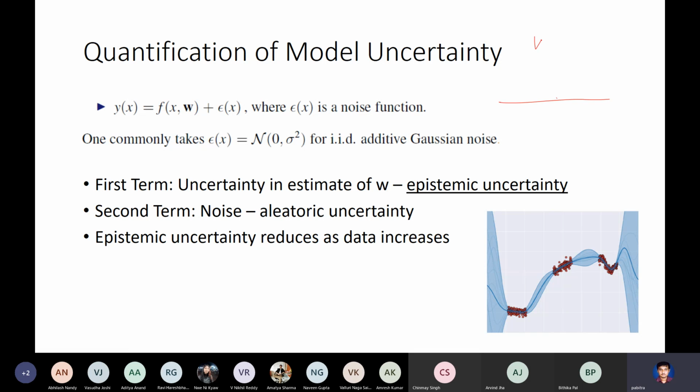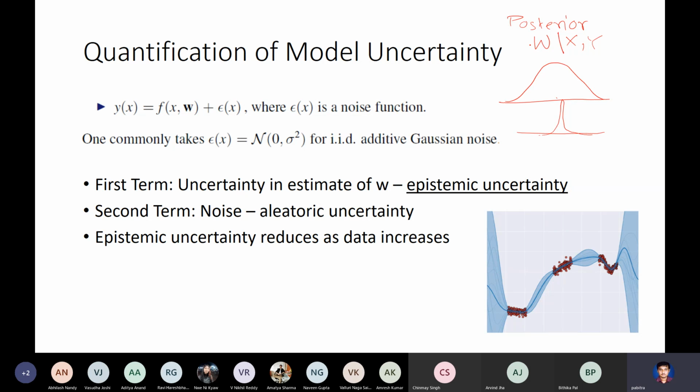The posterior of w given the training set x, y is a distribution. So there is an uncertainty in w. The flatter this distribution is, the more uncertainty there is. The sharper it is, the less uncertain.